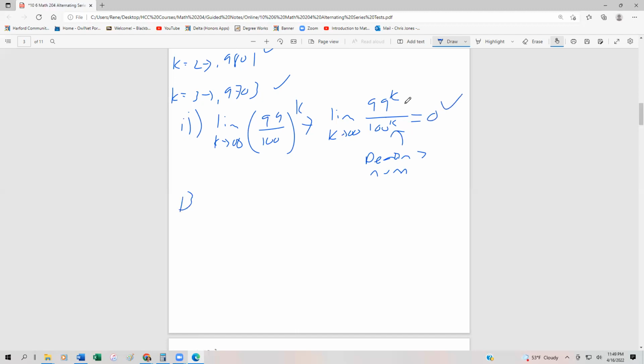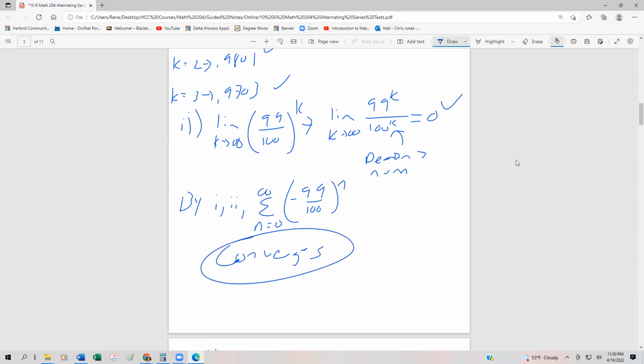So both conditions hold, by 1 and 2, which are our two conditions, I and II, the original series, n equals 0 to infinity, negative 99 over 100 to the n, converges.